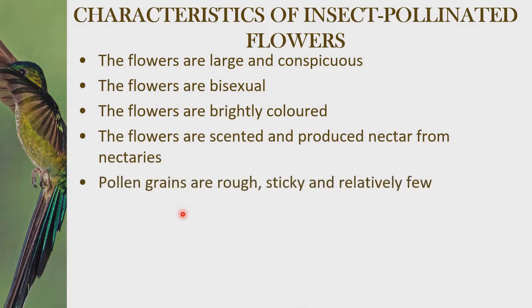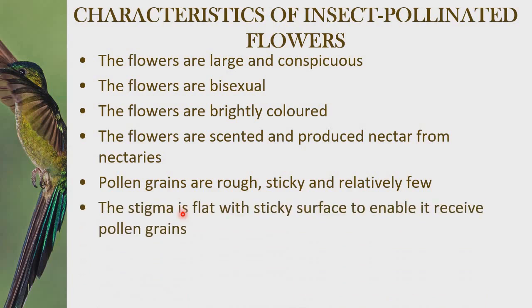They also have rough and sticky pollen grains, but these pollen grains are always few in number. The stigma is flat with a sticky surface that enables it to receive the pollen grain as quickly as possible.